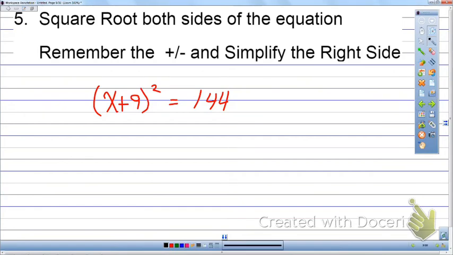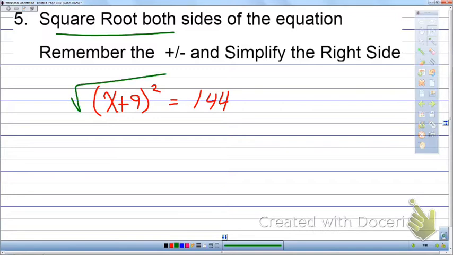Now we're going to use the skills that we learned before about using square roots and quantity squares. X plus 9 quantity squared is isolated, so I'm going to square root both sides of the equation. X plus 9 is going to equal plus and minus 12. 144 is a perfect square.